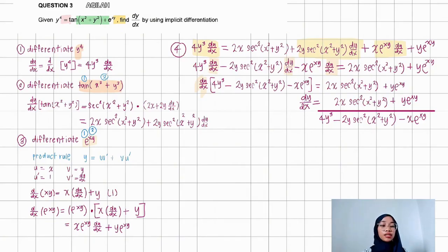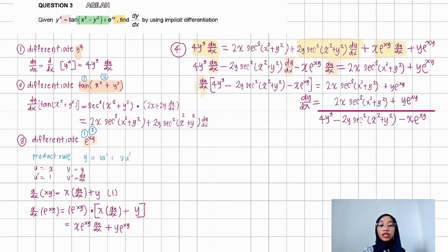This means that the derivative of xy is x dy over dx plus y. Then I substitute the result to give e to the power of xy multiplied by x dy over dx plus y. Then I expand the bracket to get x e to the power of xy dy over dx plus y e to the power of xy. For the last step, I substitute and solve for dy over dx. I substitute all the differentiated terms into the equation.